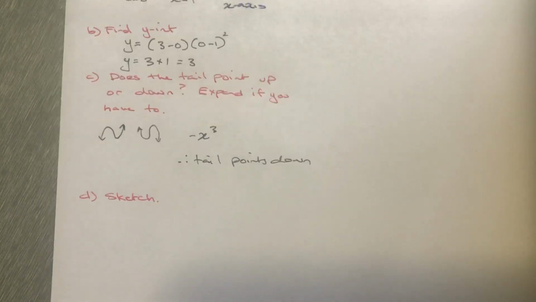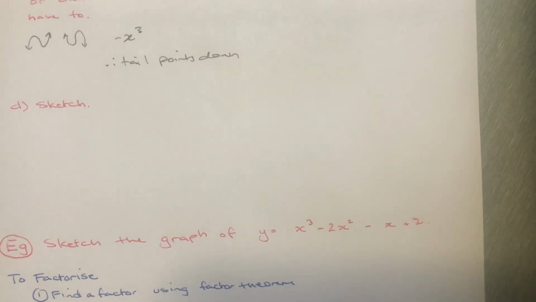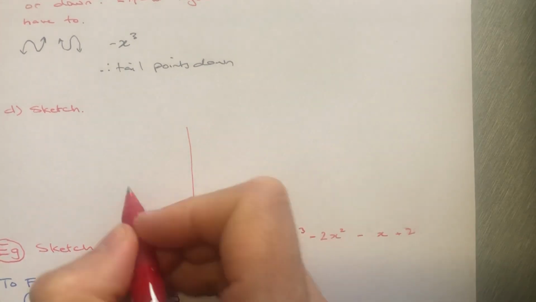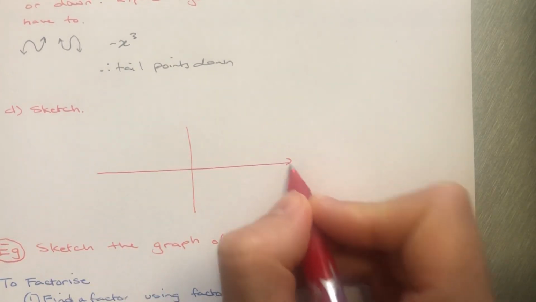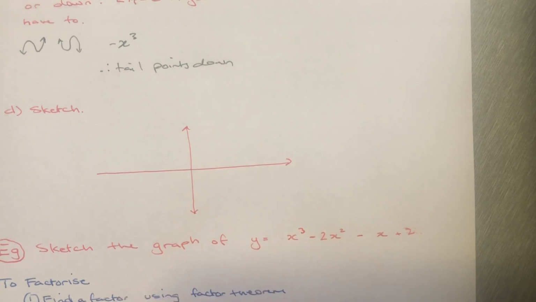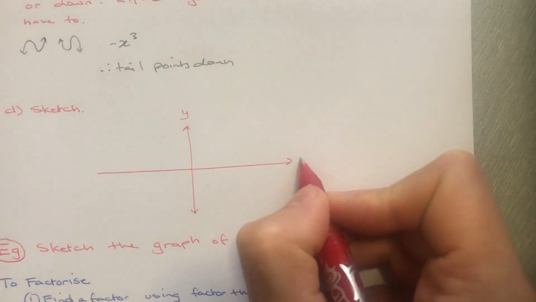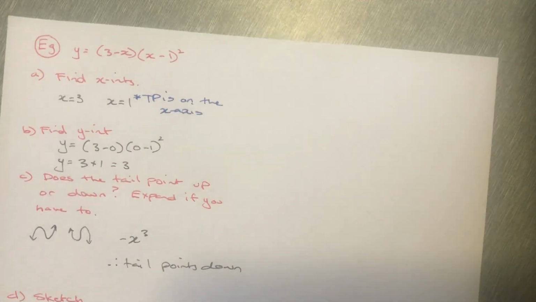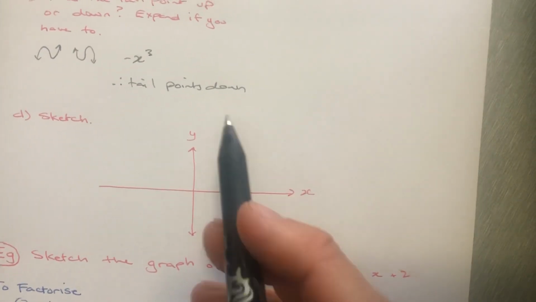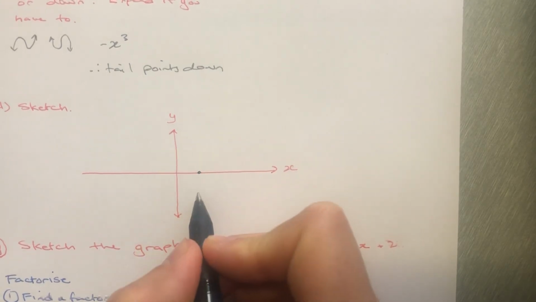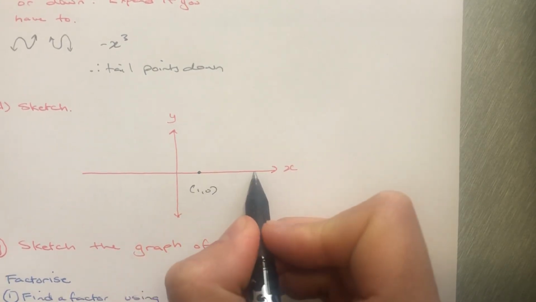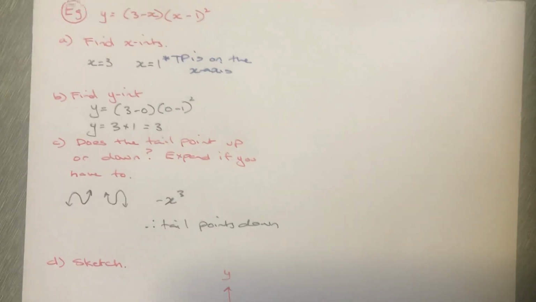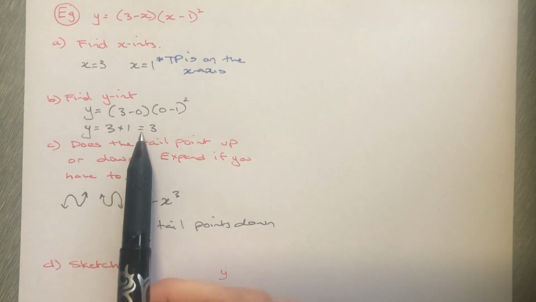All right, last thing we want to do is sketch. All right, x-intercepts from before, 3 and 1. Y-intercept from before, was 3.